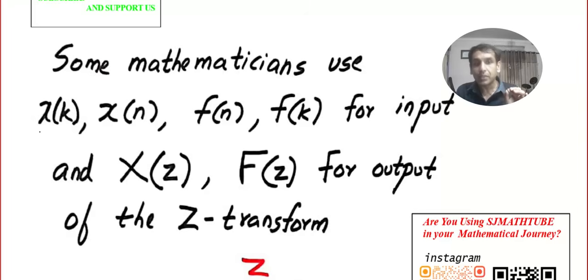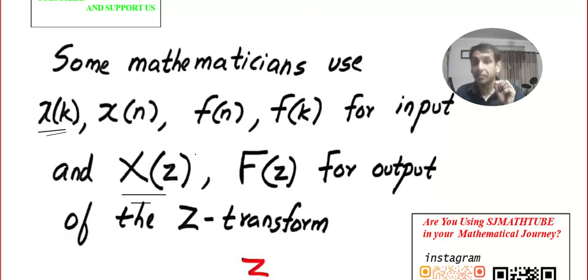So the input, the sequence generator, can be denoted by x of k, x of n, f of k, etc. And the output, meaning when we take the Z transform, is denoted by capital X of Z, capital F of Z, and that's exactly what we are following here.